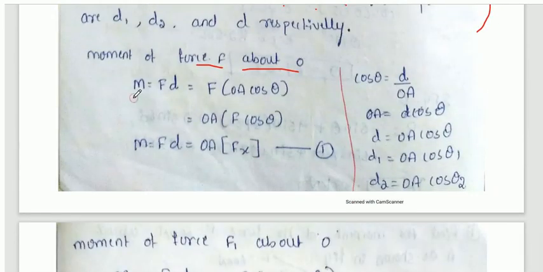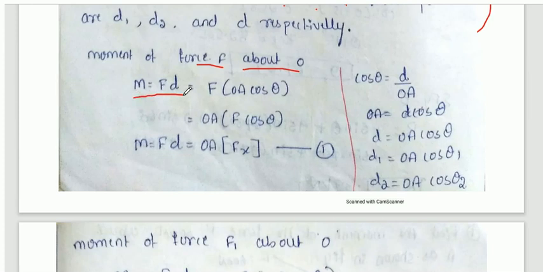So you can see here, moment about point O. We have three forces: F, F1 and F2. So you need to consider the moment due to F, F1 and F2. Moment due to force F about O is what?